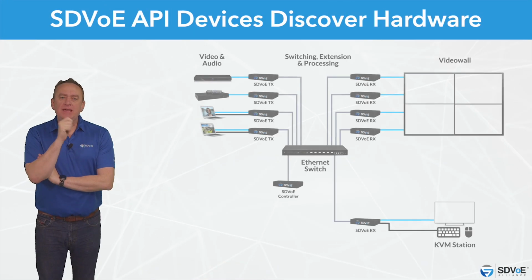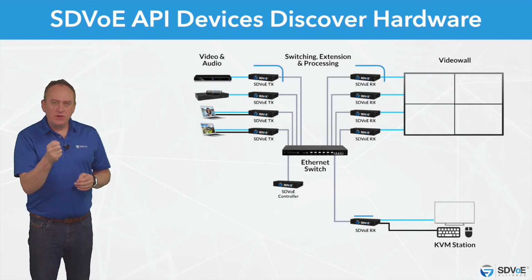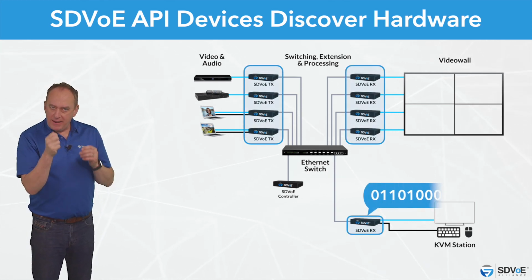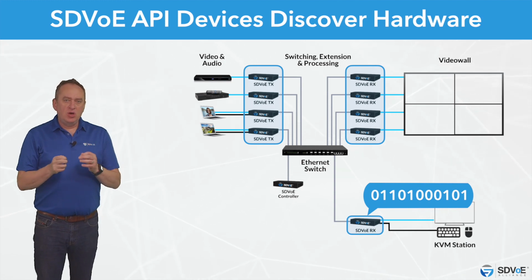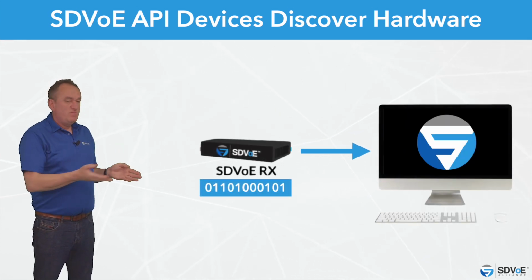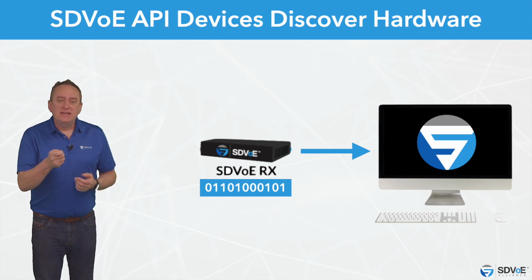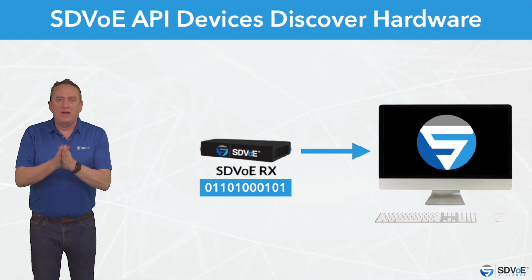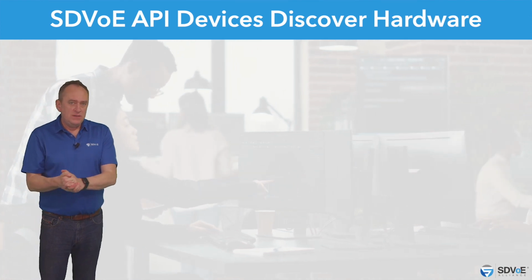When the SDVoE API discovers hardware devices on a network, each one of those devices reports a unique manufacturer ID code. The code then lets the software determine who manufactured the hardware. Sounds reasonable, right? It is, and it's essential to know what kind of hardware is out there so that the software can treat it correctly.